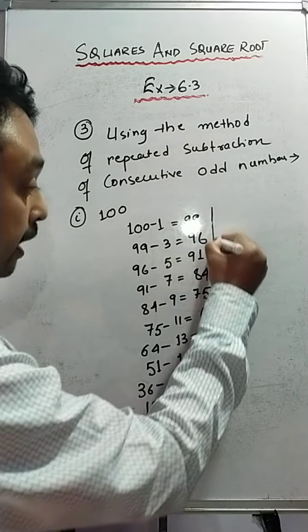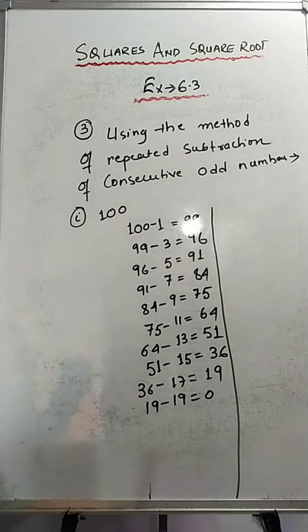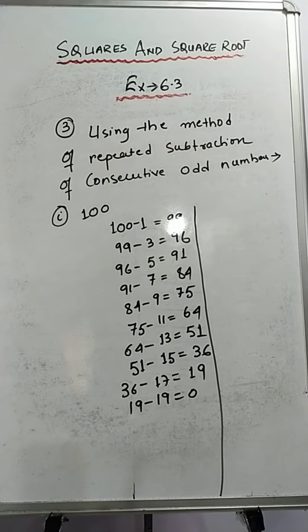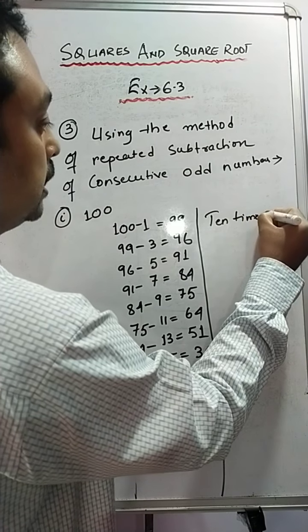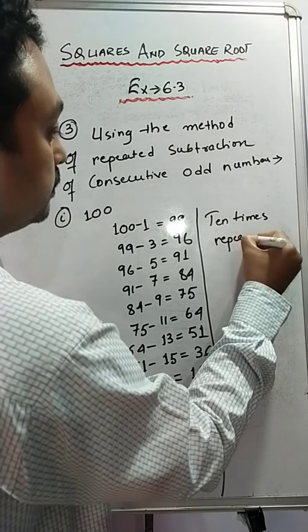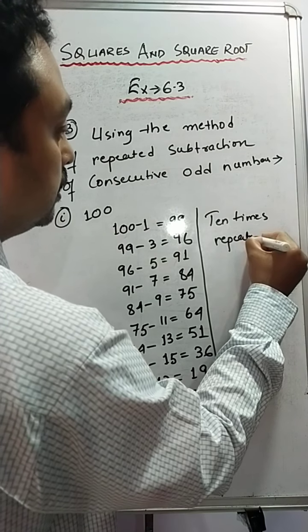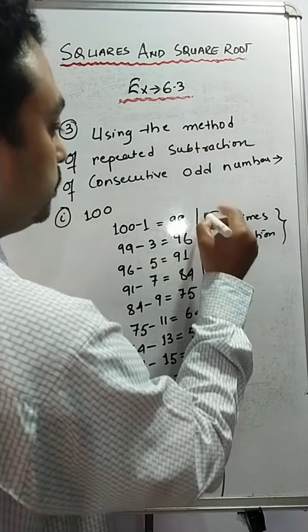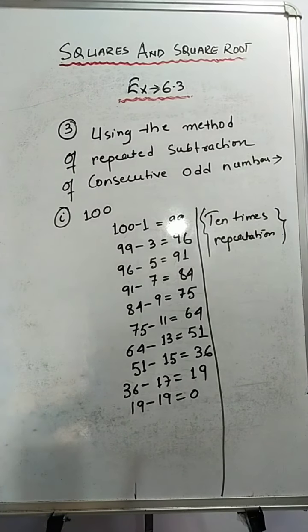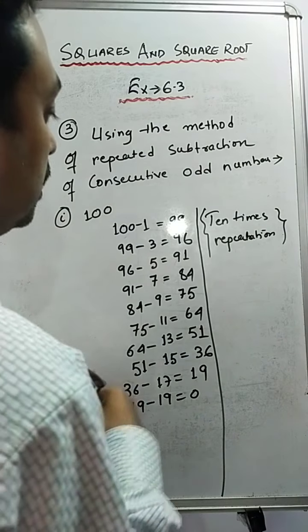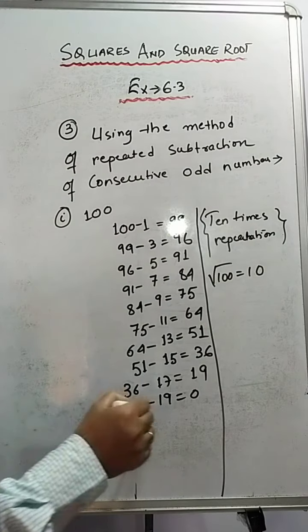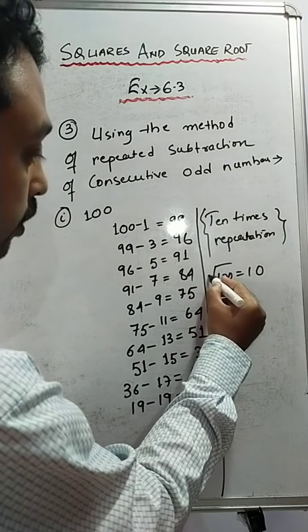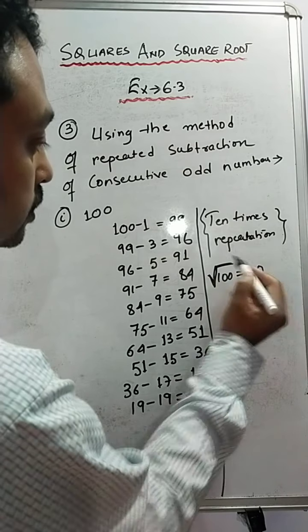Now the square root of 100 would be what? 10. Because we have done 10 times repetition, so the square root, this is the square root sign, boys. Square root of 100 is equal to 10.